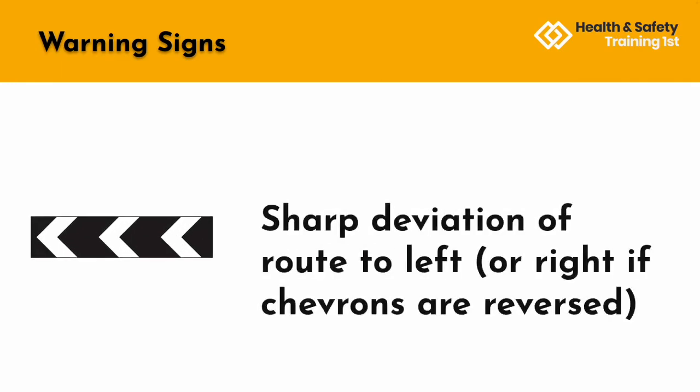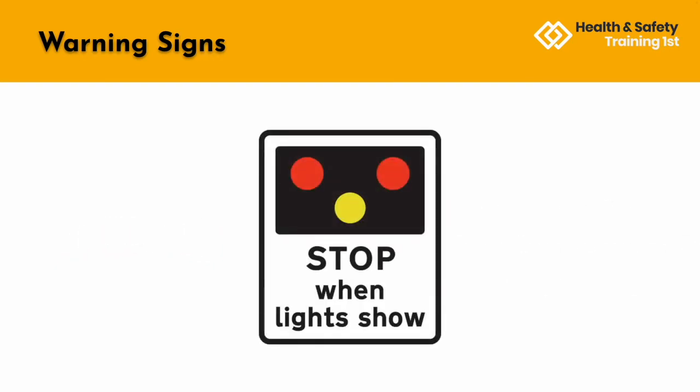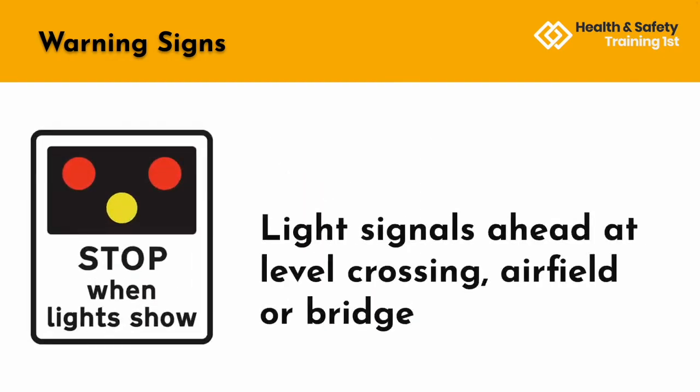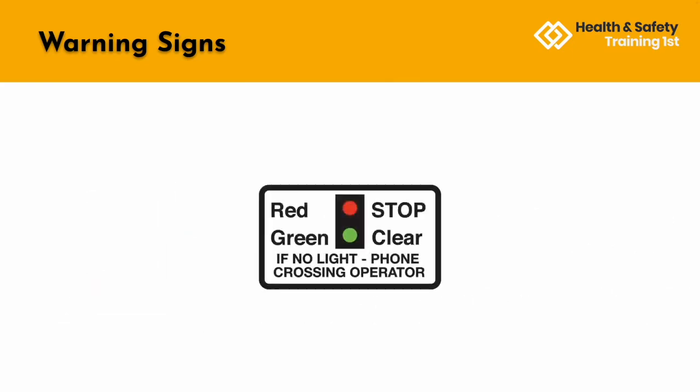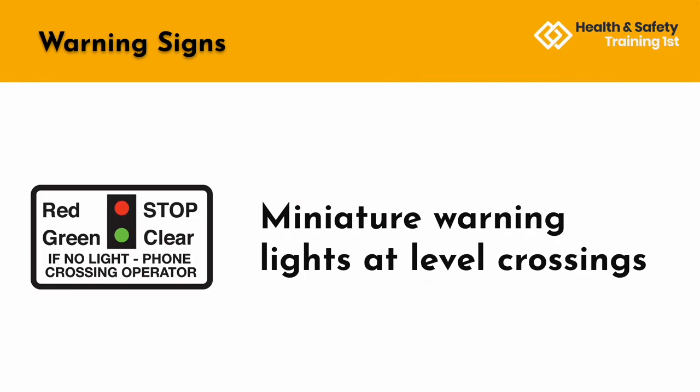Sharp deviation of route to left, or right if the chevrons are reversed. Light signals ahead at level crossing, airfield or bridge. Miniature warning lights at level crossings.